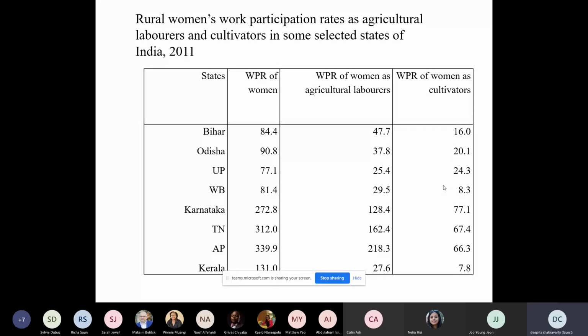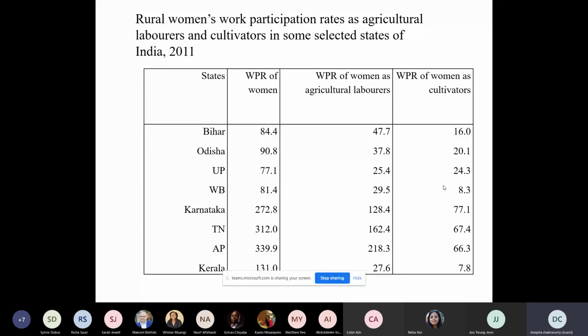All right. Now, for a woman cultivator owning a land right to herself, it is very difficult to deny the status of a cultivator to her. All right. So that might be another reason why, even as cultivators, the southern women's incidence of cultivation is much higher compared to the eastern Indian women.